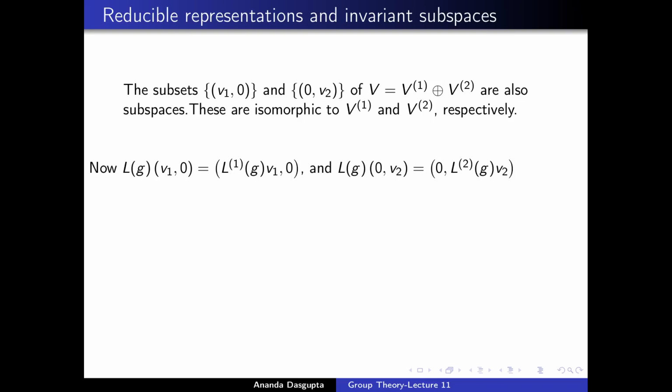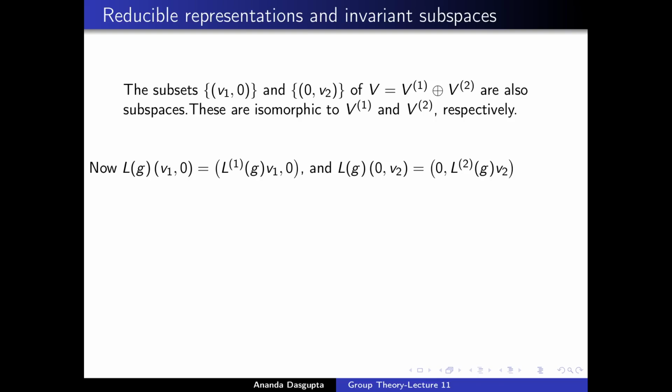Now, if you take L(g) and make it act on any vector from the first set, that is any vector of the form (v1, 0), of course you are going to get L1(g) v1 and 0 for the second part of the pair. Similarly, L(g) acting on (0, v2) will give you (0, L2(g) v2).